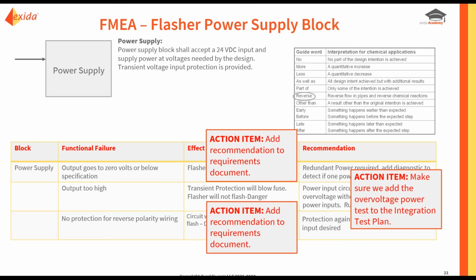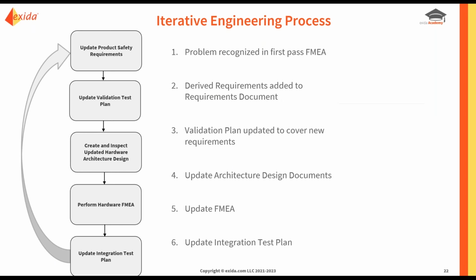All right, typically we do have to go into the action item application and enter these things and all the associated information so we know where this suggestion came from. We don't want it to get lost. We want the requirements to get updated so we can update our design and get the benefits of the FMEA.